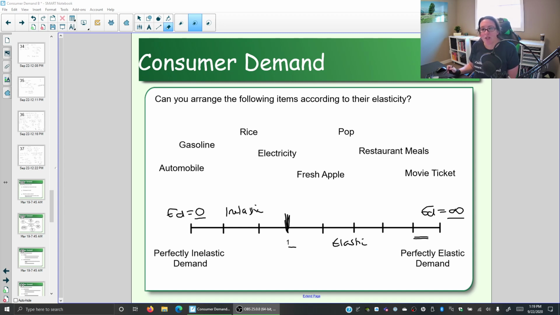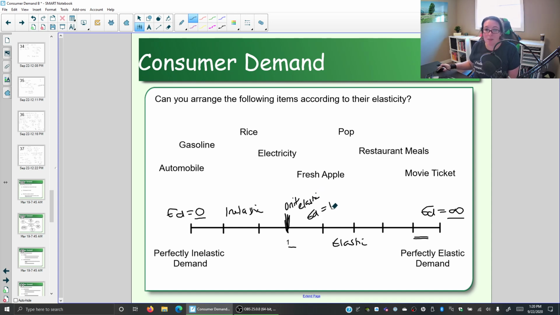So it's important to know the properties or characteristics that can make something more elastic or inelastic. And it's quite possible for an item to have properties that make it more elastic and properties that make it more inelastic. This will ultimately put it on this continuum closer to unit elastic, where the elasticity coefficient is 1.